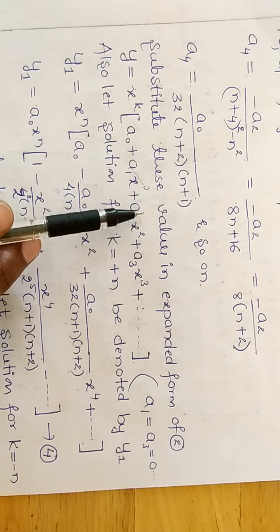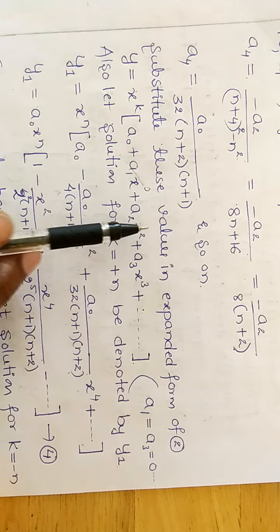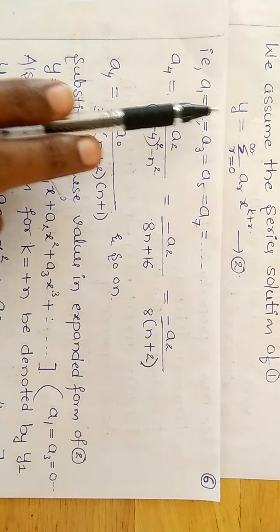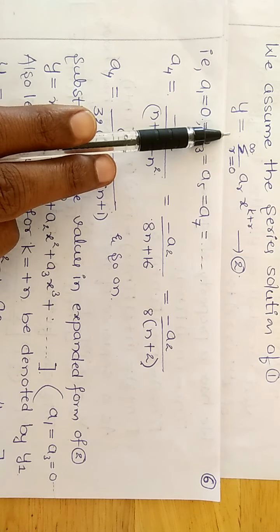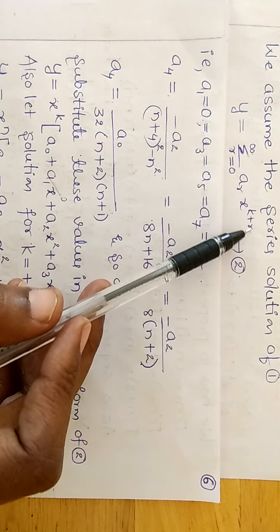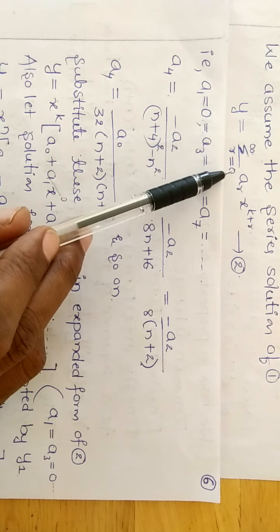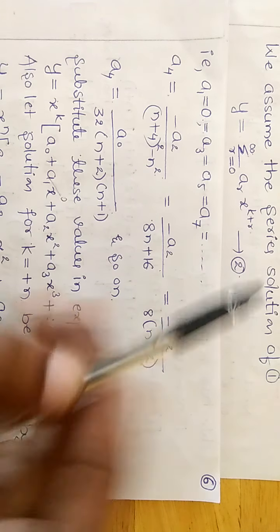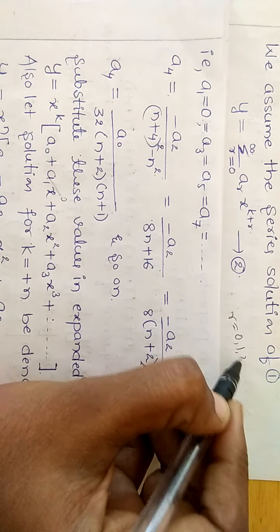Then substitute these values in the expanding form of equation 2. Observe equation 2: y is equal to summation r from 0 to infinity of ar into x to the power k plus r. In terms of series combination, r starts from 0, 1, 2, 3 like that.